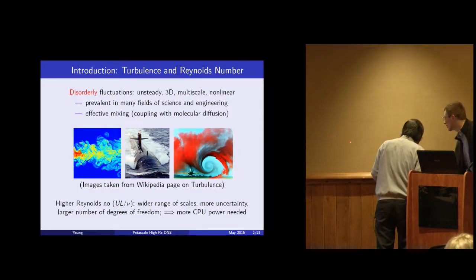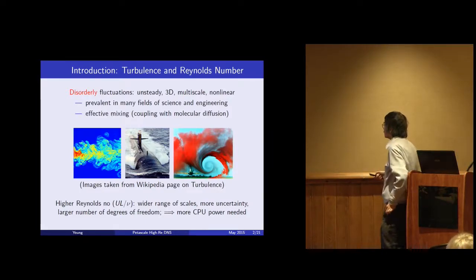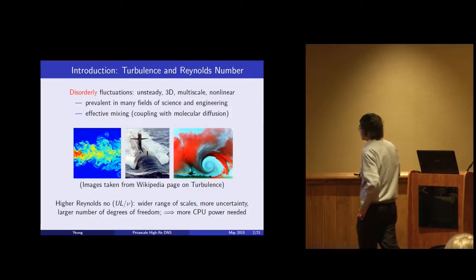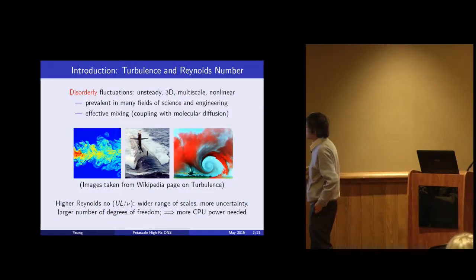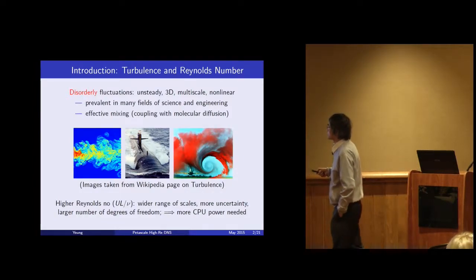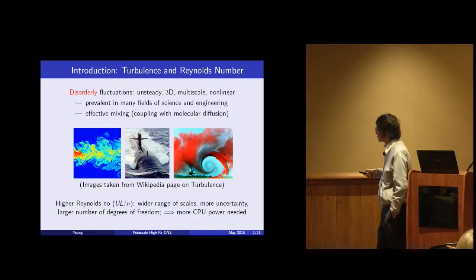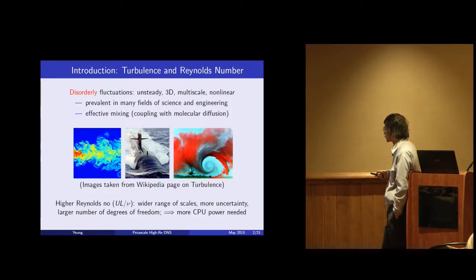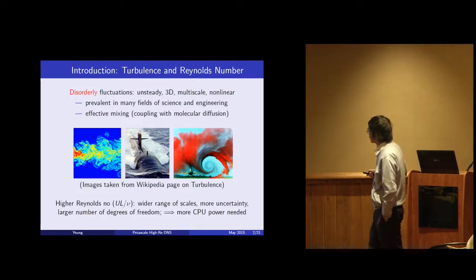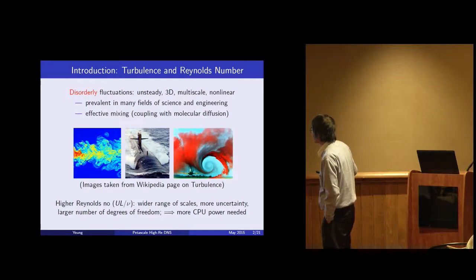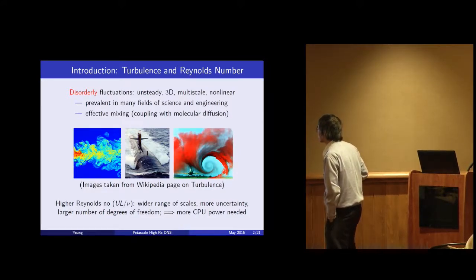So in the picture on the left here, what we see is essentially chemicals mixed with each other. This is the case of a turbulent jet. In the middle, you have a submarine. And on the right-hand side, you have a vortex rolling up from the back of an airplane that is taking off from the runway.